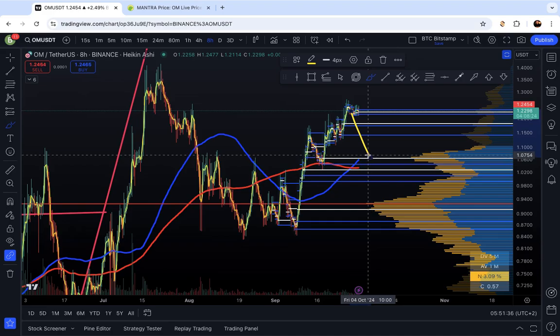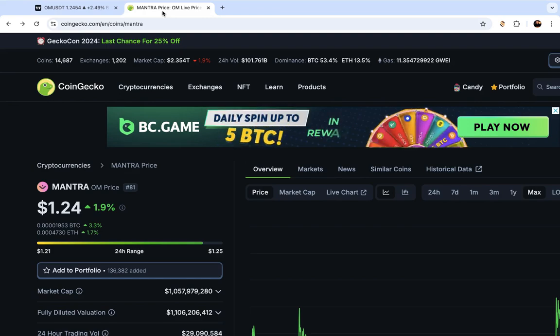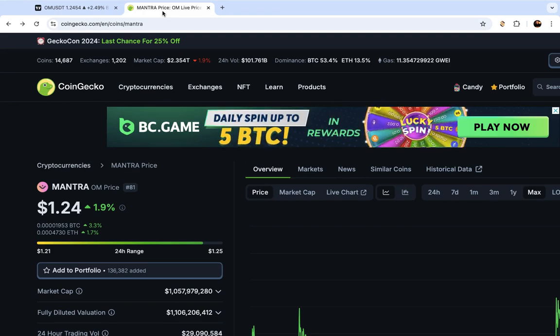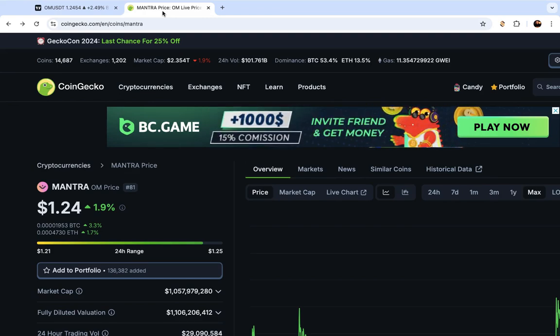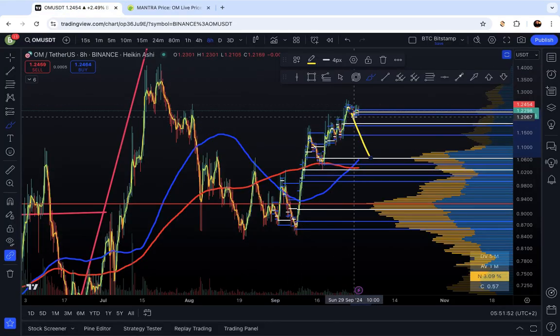Personally, I'm looking forward to a slight drop from the current price. If the price of OM can go to about $1.10 to about 99 cents, that would be a very good buying opportunity before the continuation of the bull flag.